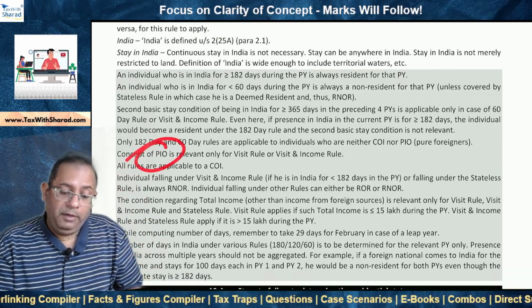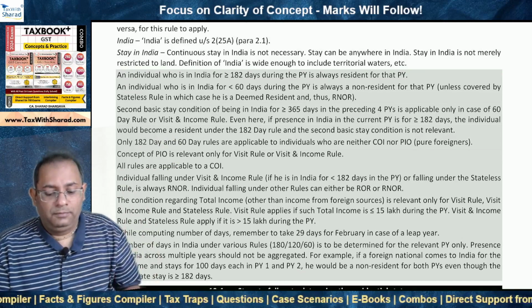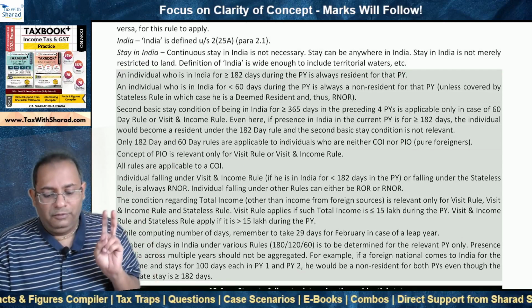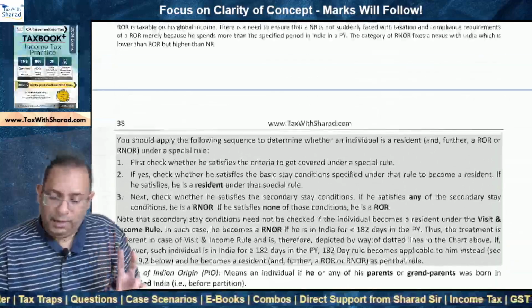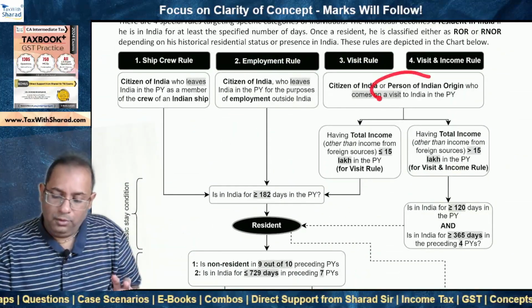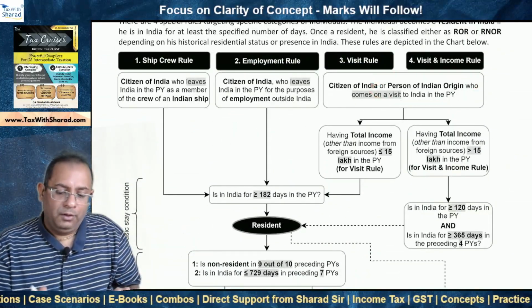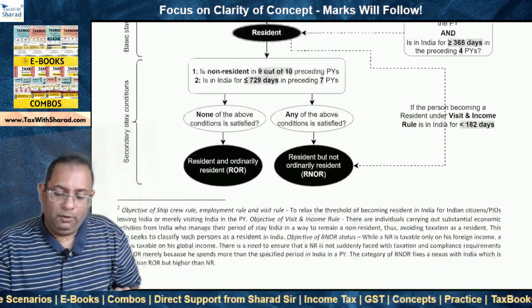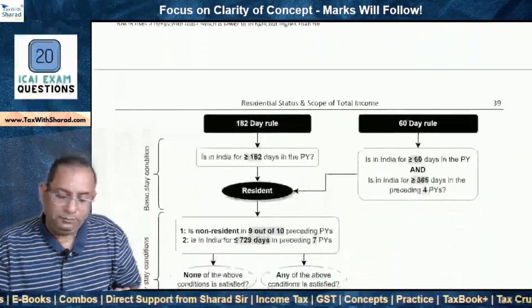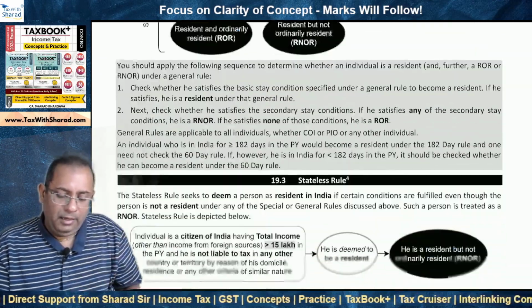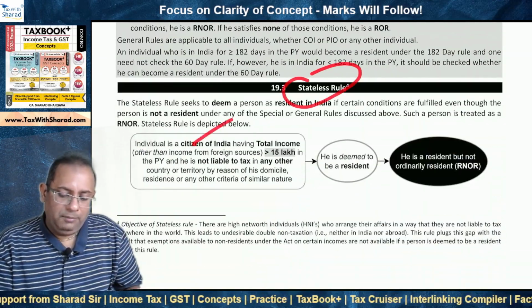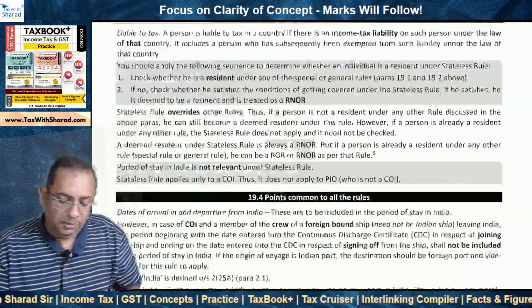The concept of PIO is relevant for which rules? Only two rules. Visit rule and visit and income rule. Okay, not under ship crew rule, not under employment rule. General rule is applicable to anyone and stateless rule is applicable to a citizen of India, not to a PIO.